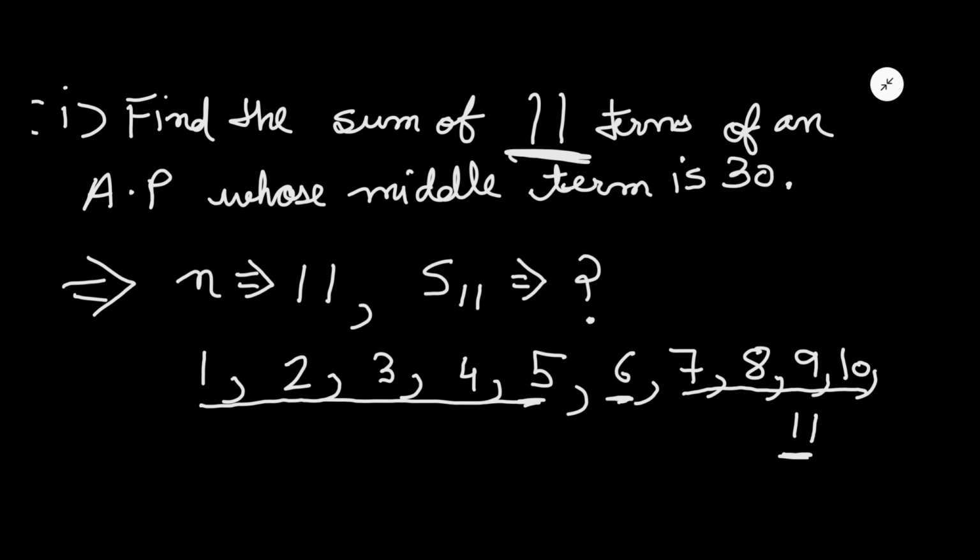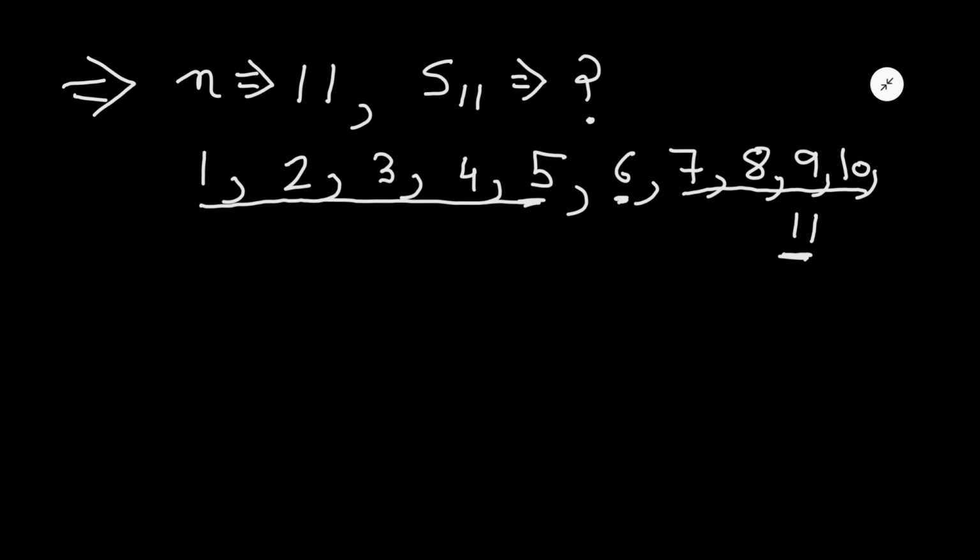As the middle term is equal to 30, so A6, which is the sixth term, is equal to 30, which is our middle term.